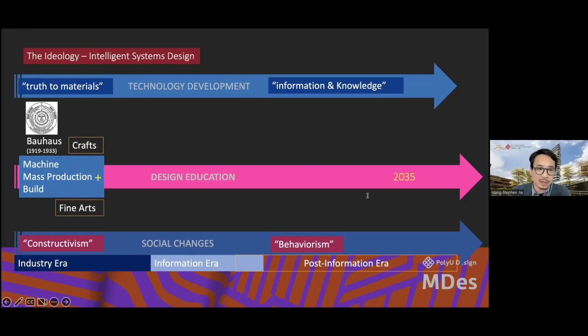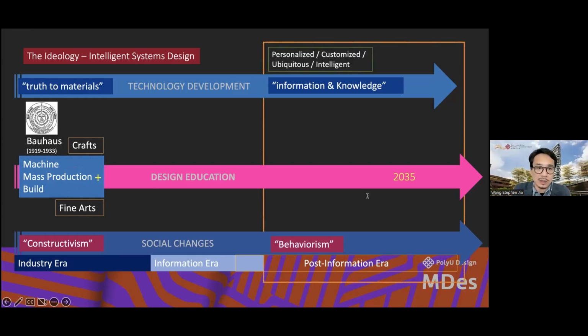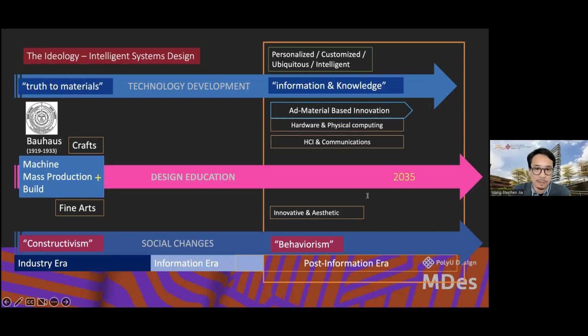When people started using machines to produce products and to make buildings, the needs were quite clear: how we combine crafts and fine arts with technology. But now the social needs have become more personalized, customized, ubiquitous, and intelligent. And we have to focus on HCI, communication, innovation, and aesthetics as well.